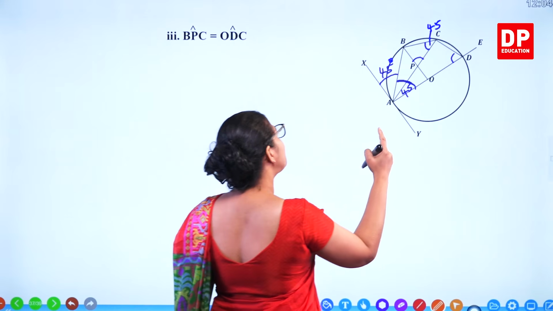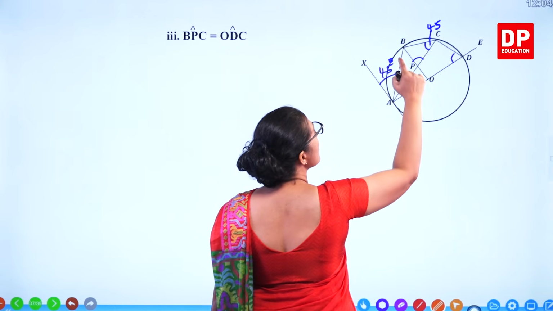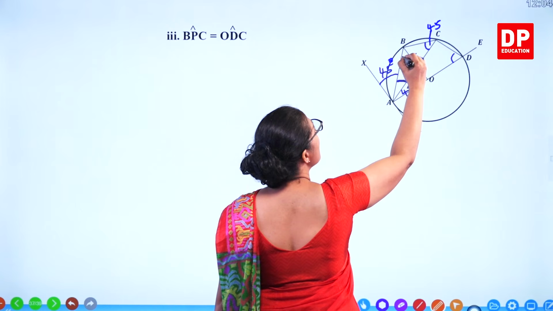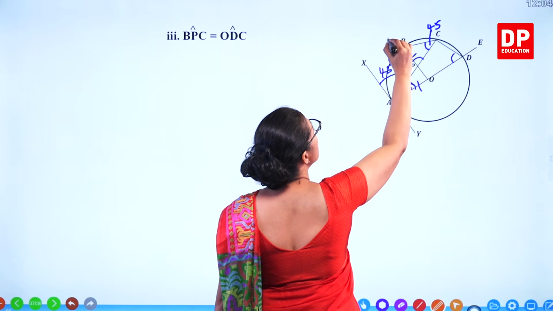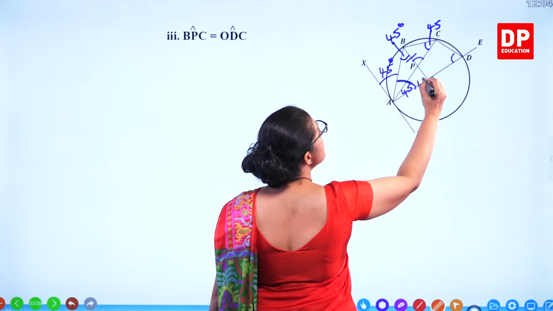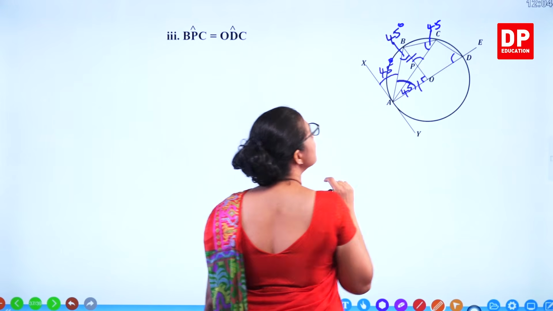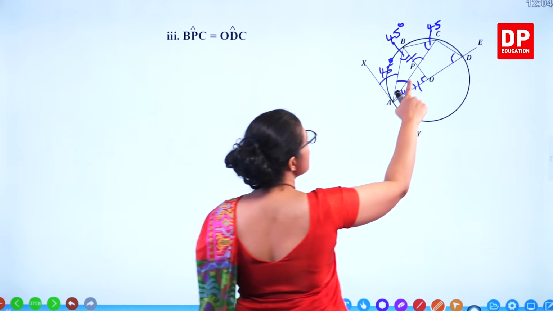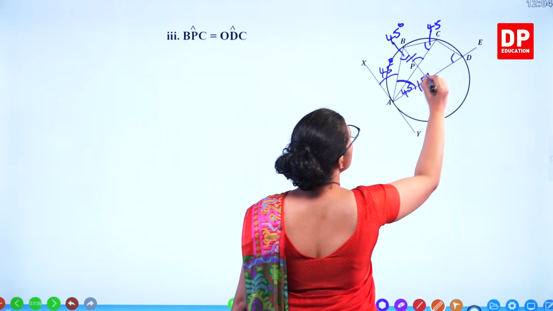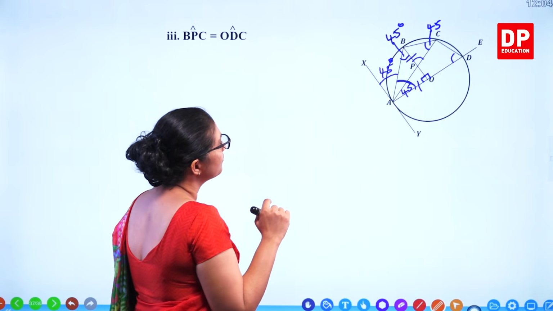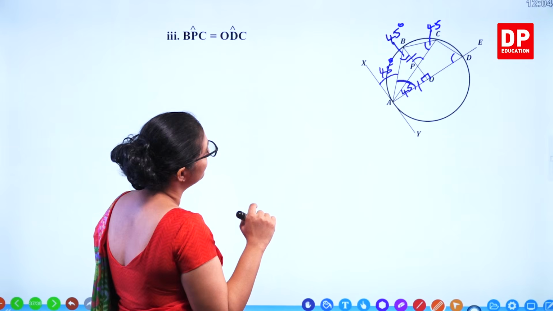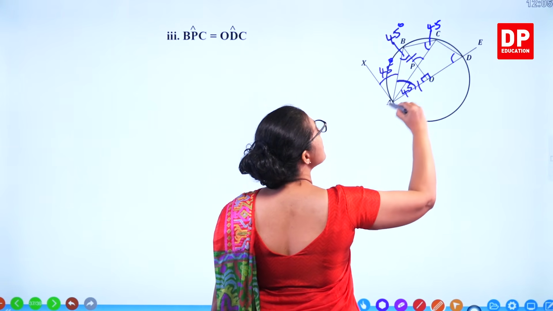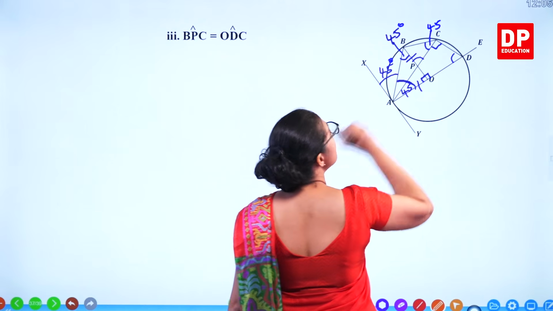What else do we know? Here, this length and this length are both equal. So 45, this is 45. So that means this is 90 degrees. Isosceles triangle, 45, 45, 90. So this is 90. And also we know this is a diameter and this angle is 90.